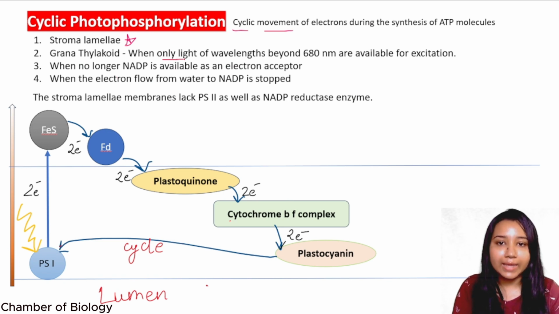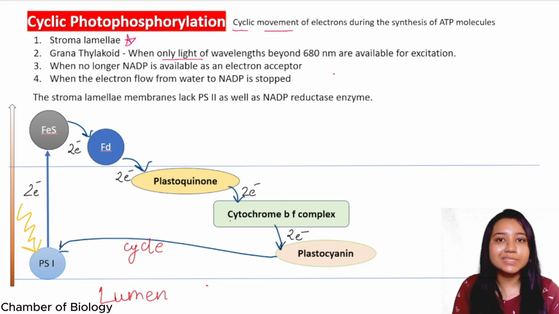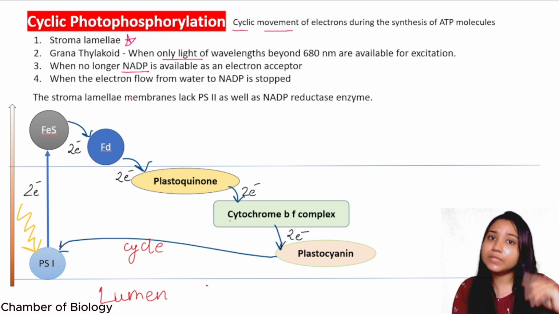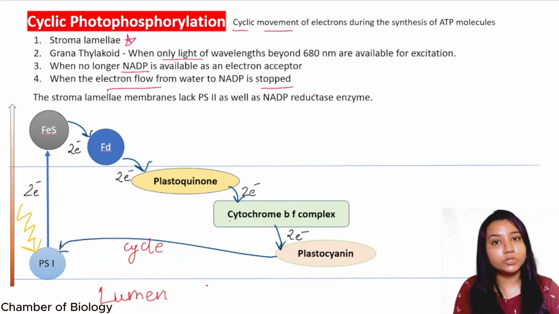When light of a wavelength that is beyond 680 is used, we won't see P680 or PS2 being excited. We will see PS1 will be excited at that time. So it can take place in the grana thylakoid, or let's say if there is no NADP available, we know NADP is the final electron acceptor. So if it is not present, PS1 is going to work, and if electron flow by chance is stopped between the water and the NADP, then also the electron transport chain will occur, but it is going to be cyclic.